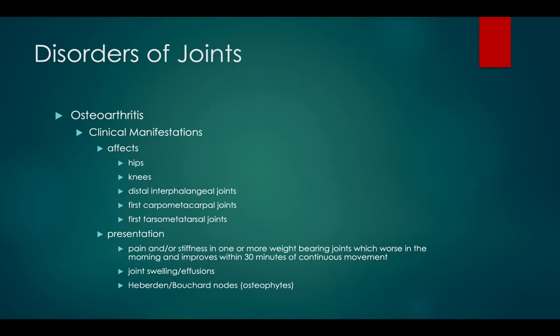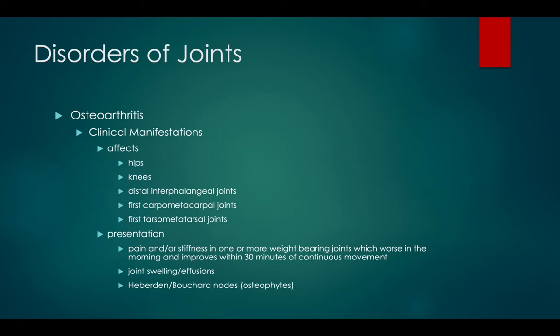You get joint swelling and effusions, which is kind of the result of bones rubbing on bones. When I said earlier that it's non-inflammatory for osteoarthritis, what I mean by that, to be more clear, is that it's not an immune response that causes inflammation.